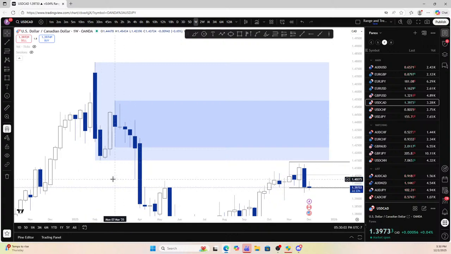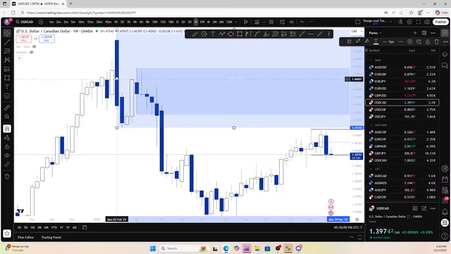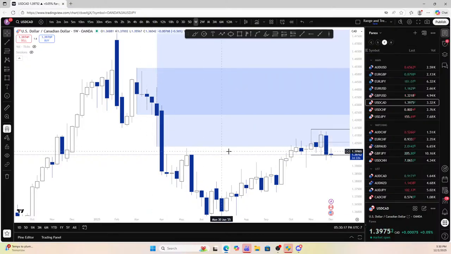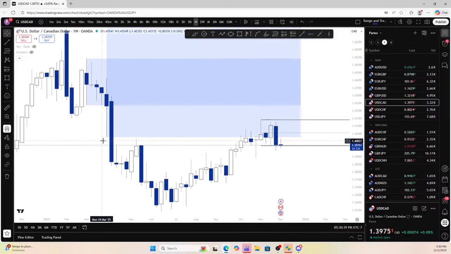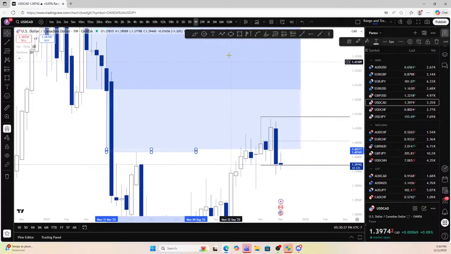Oh, this supply, this one big one, isn't so valid anymore because it's actually been moved down to here. You see? So this was a verified supply still, because we had a fair value gap right here.